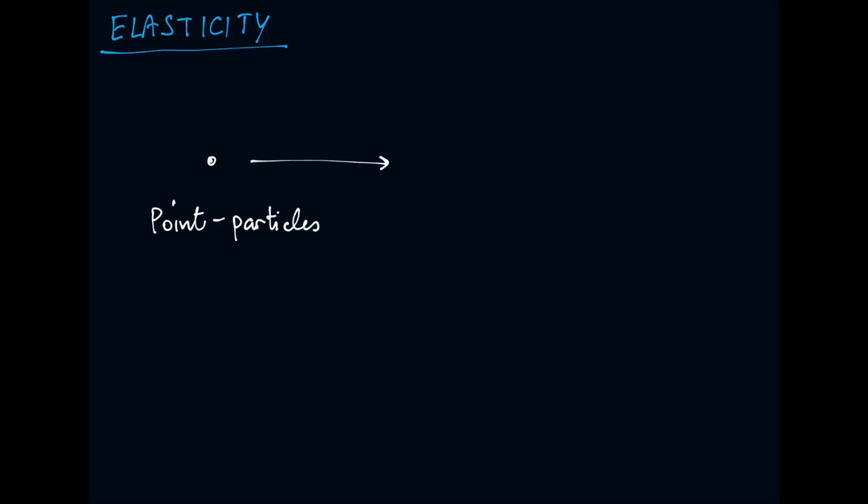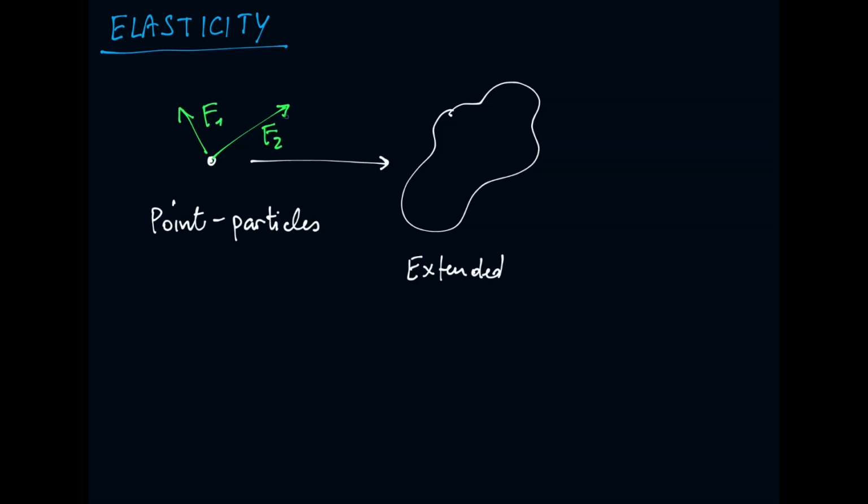We now understand that actually objects are extended, and therefore it's no longer enough to just describe the forces F1, F2, and so on that act on these objects, but also that the placement of these forces, namely the point of application, matters, and they have different effects according to where they are applied.